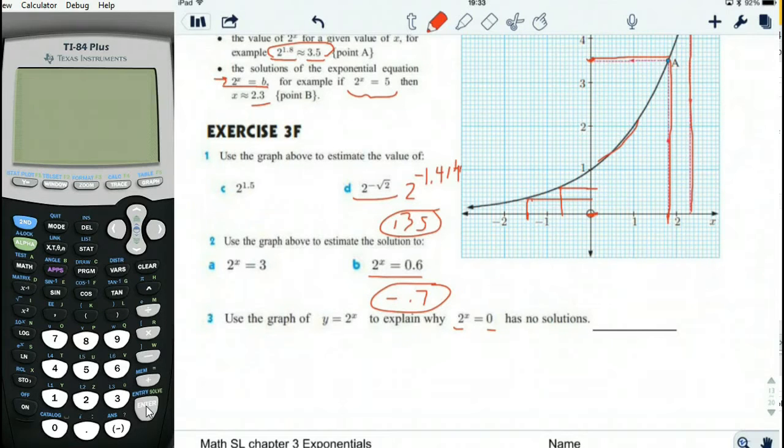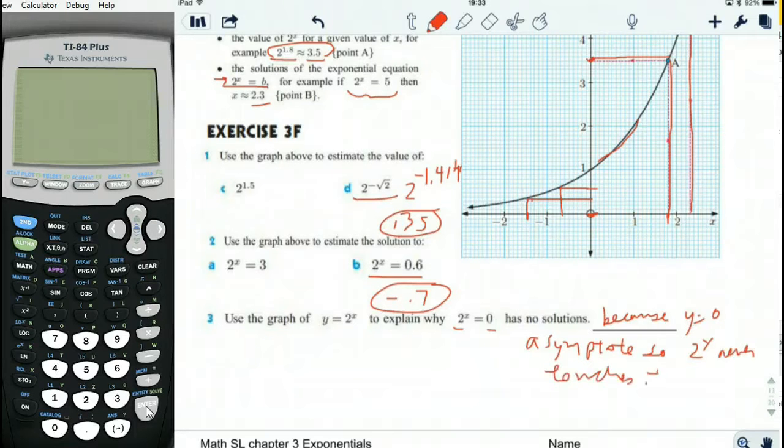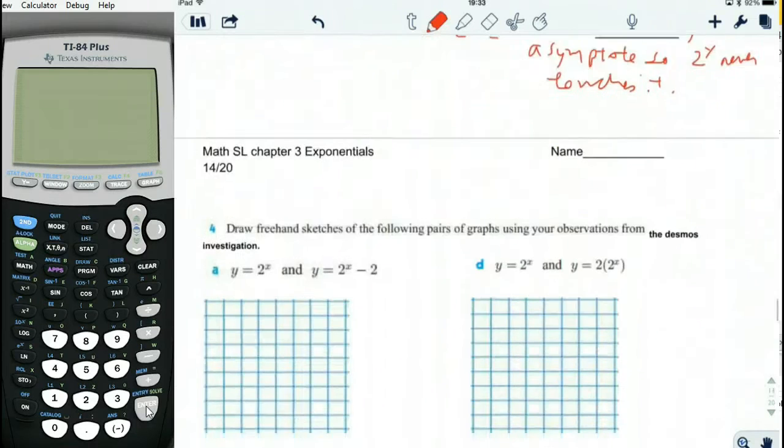So it just approaches it and it never touches it. So you could write: because y equals 0 is an asymptote, 2 to the x never touches it. Something like that. Okay?